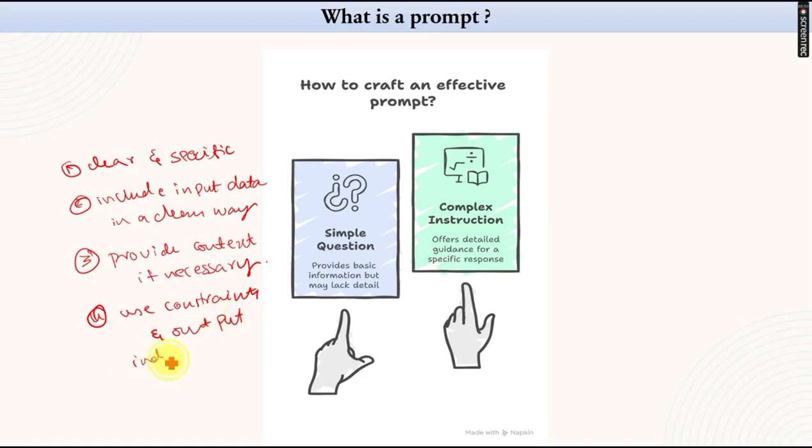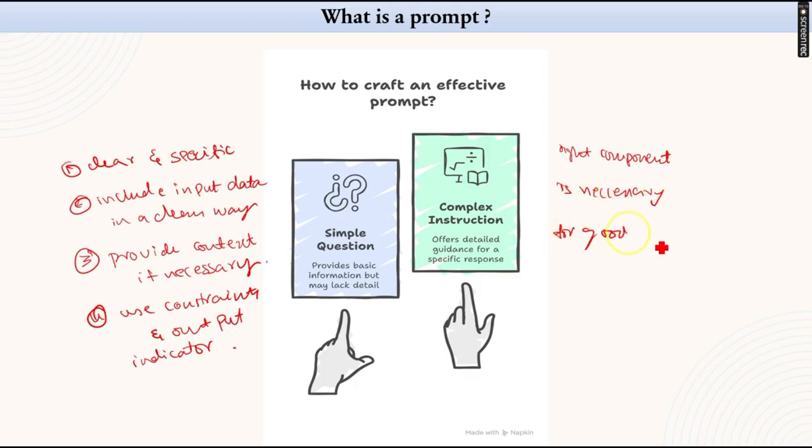The key idea is to be thoughtful and complete when writing your prompt. Not every prompt needs all the components, but using the right combination based on your goal can make a big difference. Good prompt crafting is like good communication. When you're clear and complete, the AI understands better and performs better.